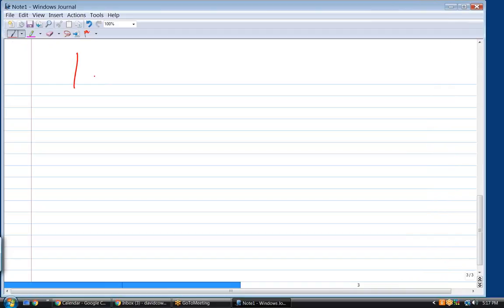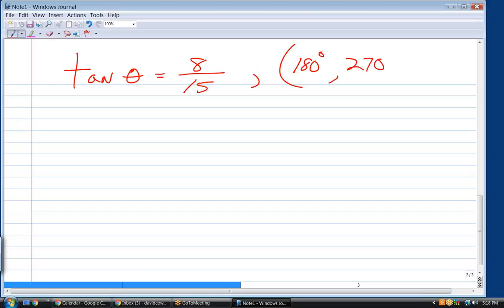tan theta equals 8 over 15, comma, open parenthesis, 180 degrees, comma, 270 degrees, close parenthesis. That's interesting notation. I have not seen that before.